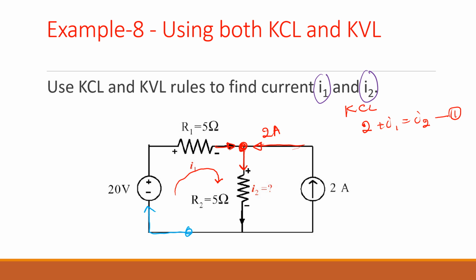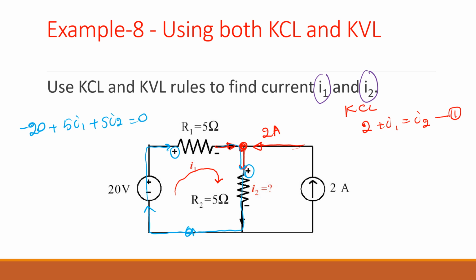So we have minus 20, and when it comes to this one, it's positive, and the voltage across this resistor is the current times the resistance. So I can write 5I1, since the current is I1 and the resistance is 5. It is positive, and going to here again plus 5I2. And I'm coming back to the start point, so this equals 0.